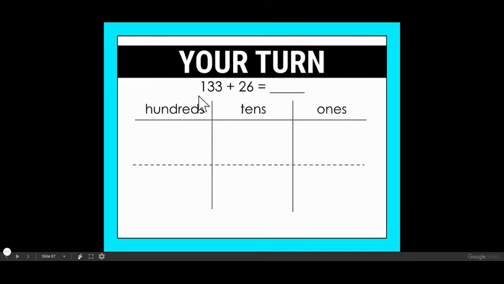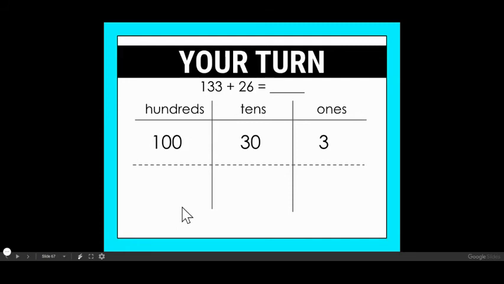Our first addend is 133. All right, put in your hundreds, put in your tens, and put in your ones. So you have 133. All right, let's build your second addend, 26.